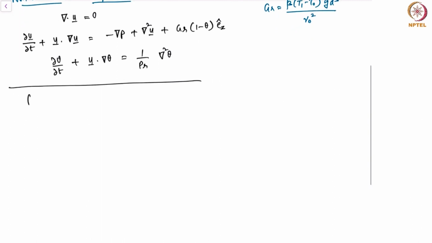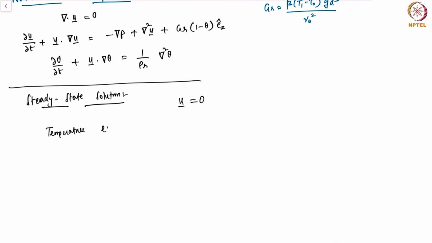What we are now looking for is a steady state solution. This would happen when there is no motion at all in the flow. The velocity field is 0. If you look at the temperature equation, it simplifies to del square of theta is 0.